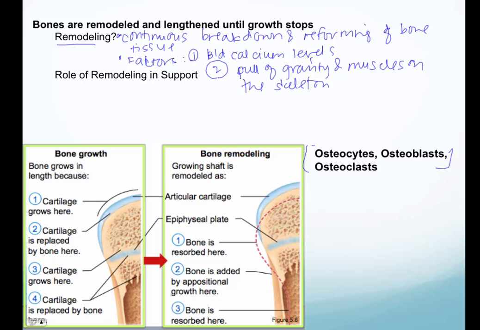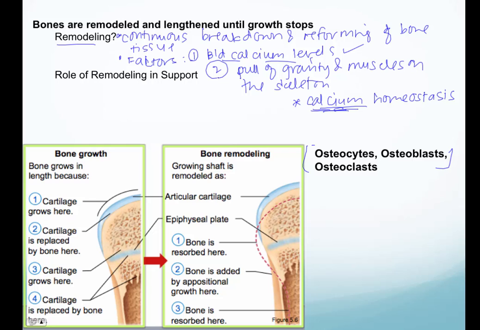I want to go over this first concept, and that's the idea of blood calcium levels, and that the skeletal system is very involved in maintaining calcium homeostasis. Okay, and so what does that mean? Well, the bones store both calcium and phosphorus, and rather than getting rid of all this calcium, if we have high levels of calcium within our blood, do we want to get rid of it?